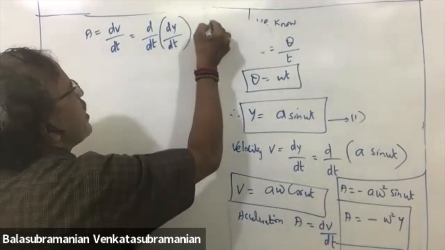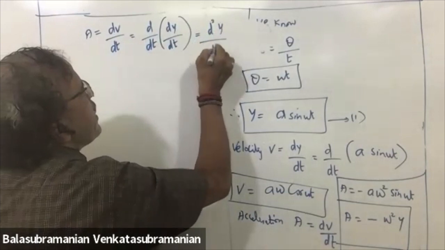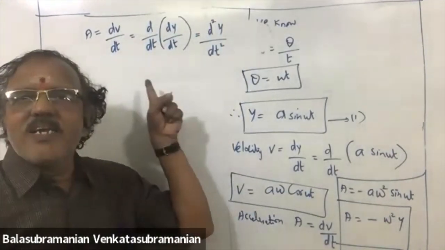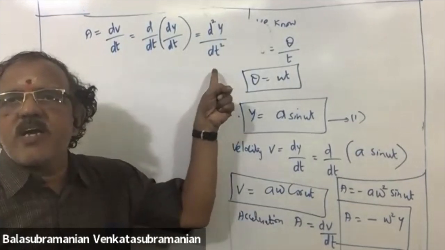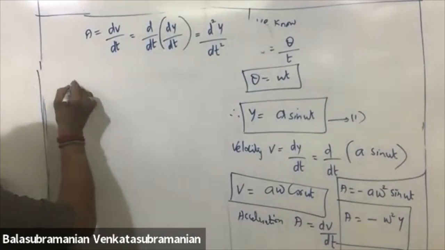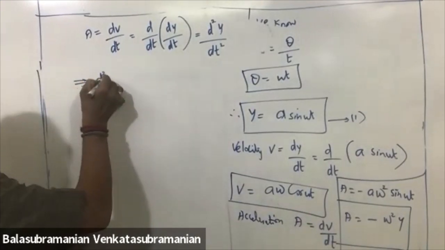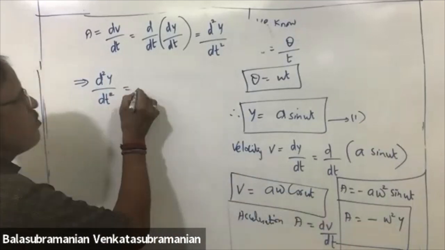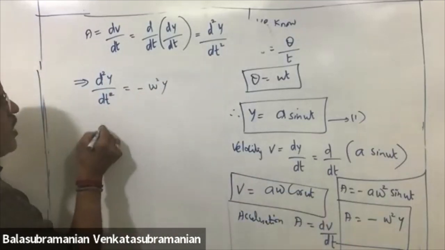So I can write d square y by dt square. Acceleration A or d square y by dt square, both are correct. Substitute: d square y by dt square is equal to minus omega square y.